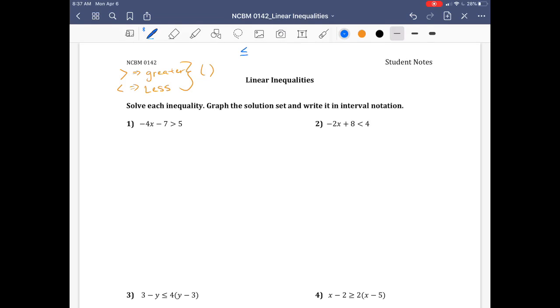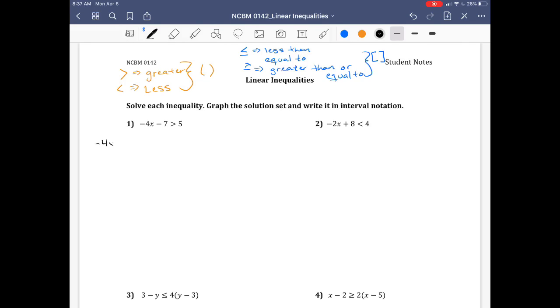However, less than or equal to, and greater than or equal to, are represented with brackets because they are part of the answer. So in this one, since we don't have an equal sign, we'll be using parentheses.